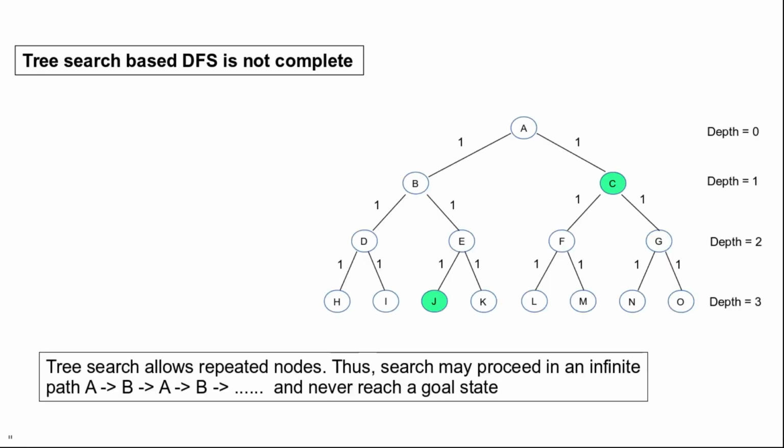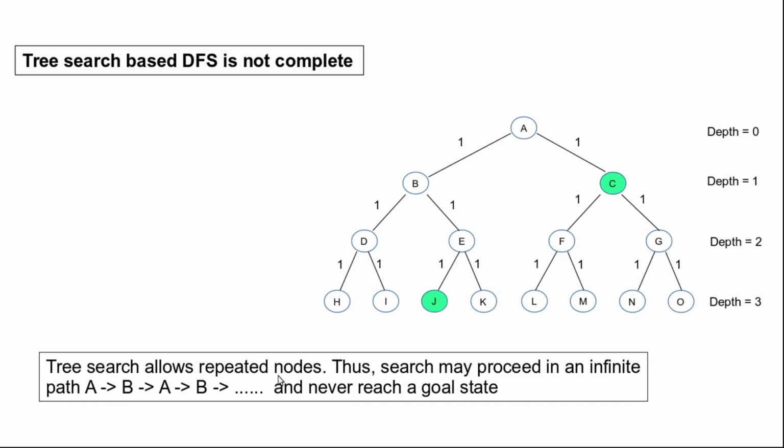Next, tree search based DFS is not complete. Again, let us look at the same example, and we know that tree search allows repeated nodes. This algorithm does not check whether the newly generated node is a repeated node or not.